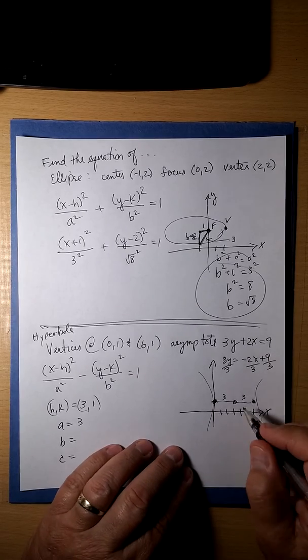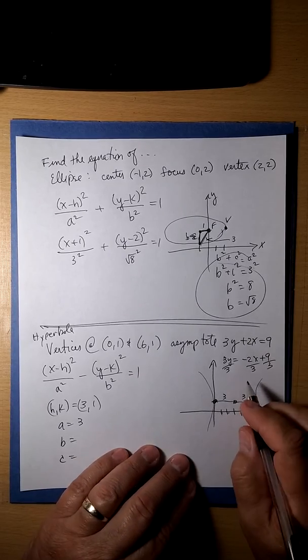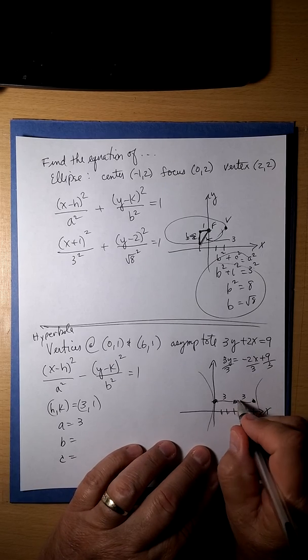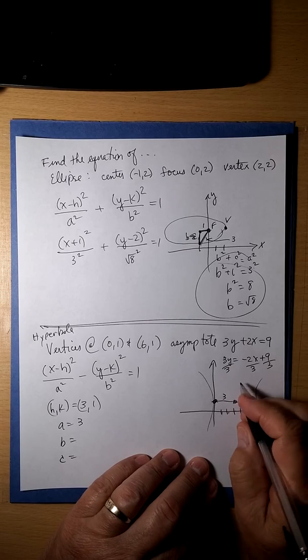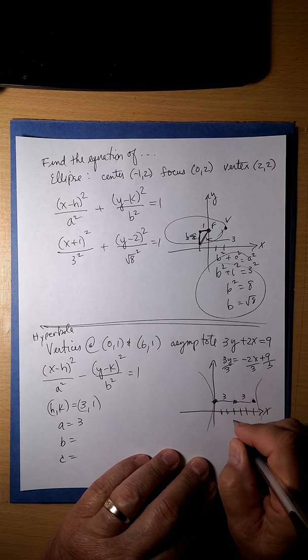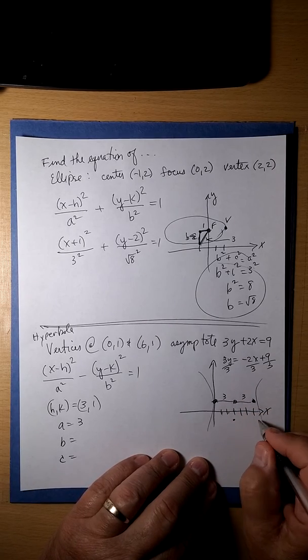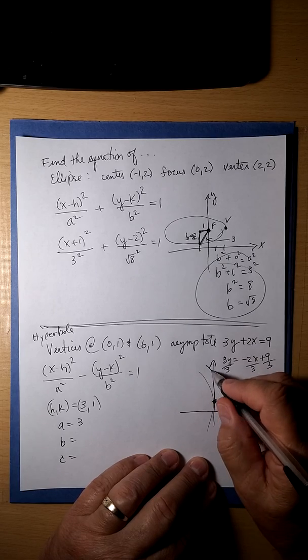Okay. Well, if the slope is negative 2/3, I guess we've got to go up 2 or down 2. Let's see here. Go down 2 and to the right 3. That would be where?